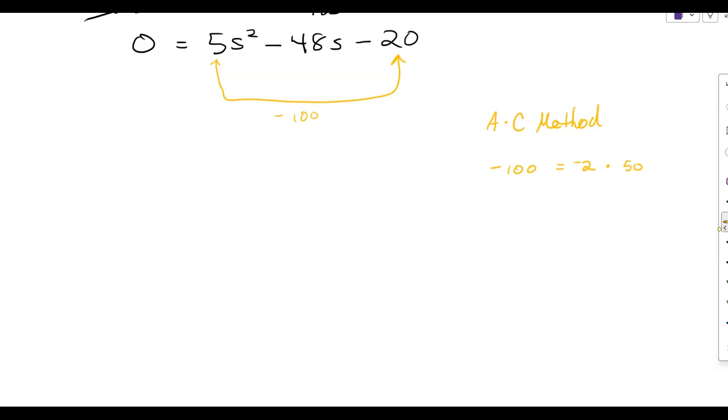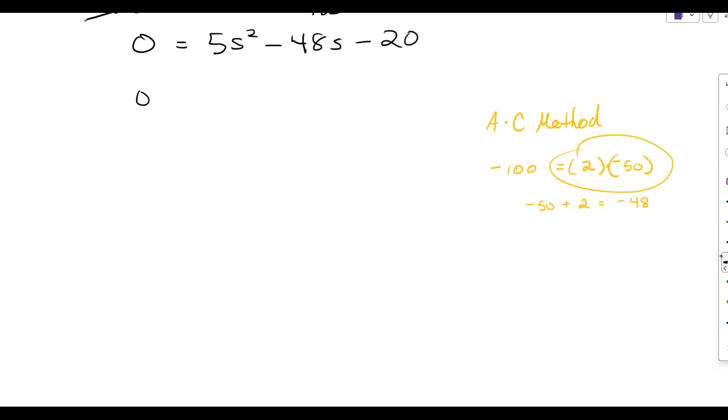If that happens, then 50 minus 2 is positive 48. Didn't work out. So if we have a negative 50, right? So 2 times negative 50 would give me the negative 100, the AC. But I have negative 50 plus 2, that would give me the negative 48, right? In the middle.